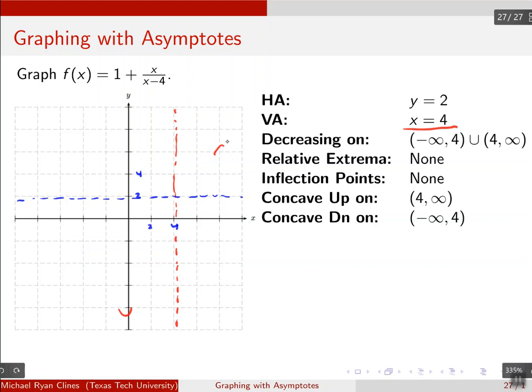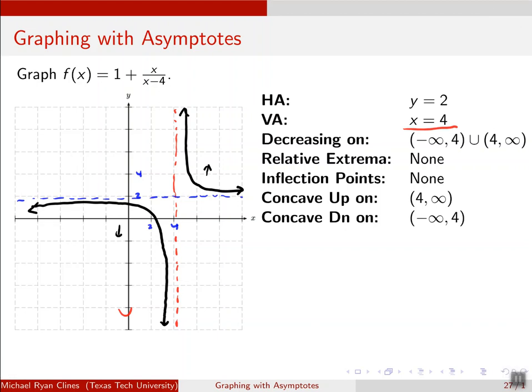So using that information, we can sketch that this graph is going to look something like this. We're decreasing. We're also concave down. And in this interval, we're decreasing, but we're also concave up. So concave up there, concave down here.